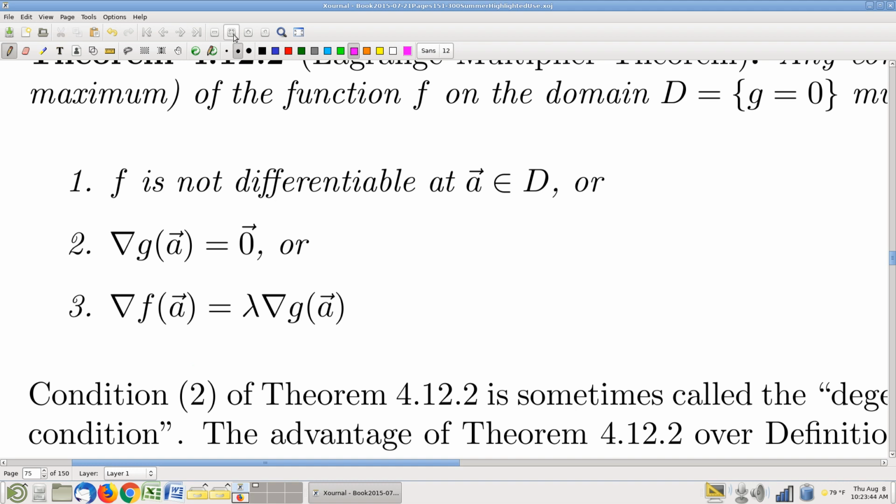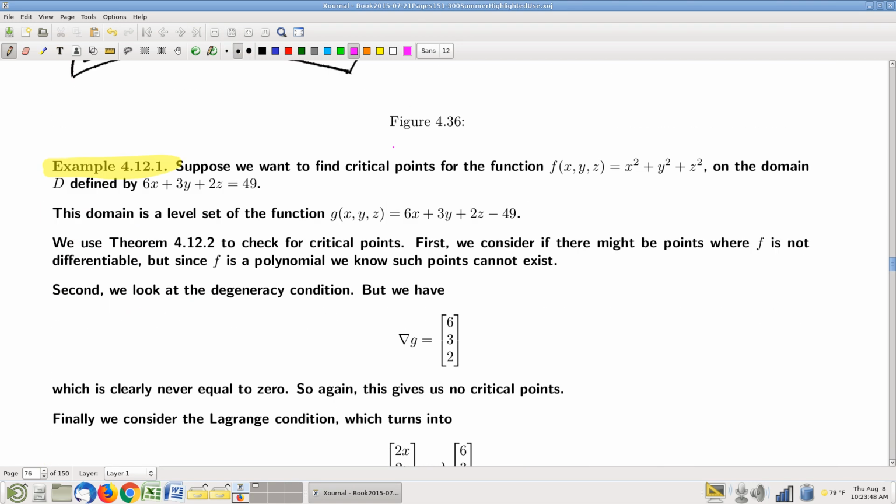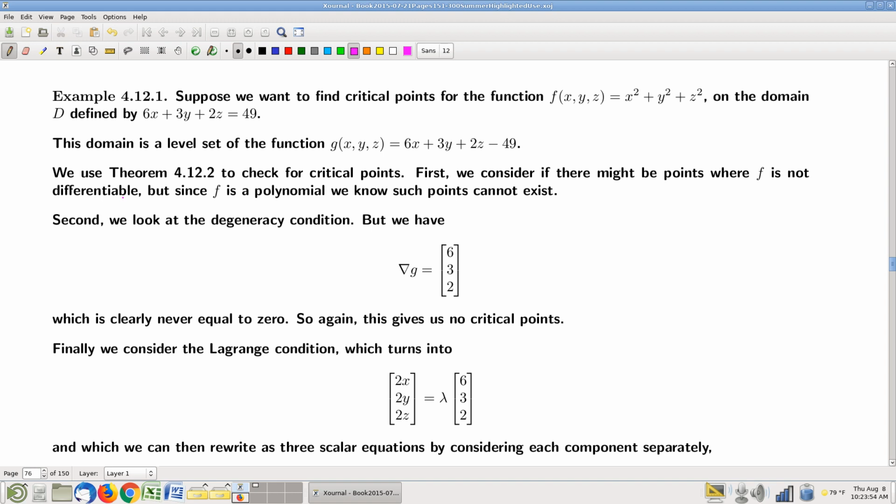Okay. All right, so let's get our hands dirty with an example. Here we go. We've got to look at this function right here. I want to find critical points of that function. My domain is this plane. Notice this plane, I do not have it currently written as function equals constant.